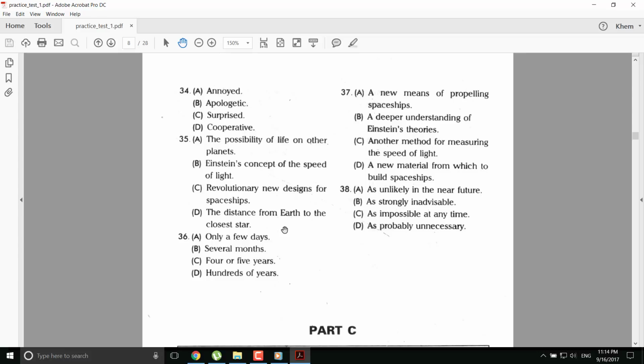Number 35. What had Professor Carmichael been talking about when Ted asked her a question? Number 36. If a ship could travel almost as fast as light, how long would it take to get to the closest star?